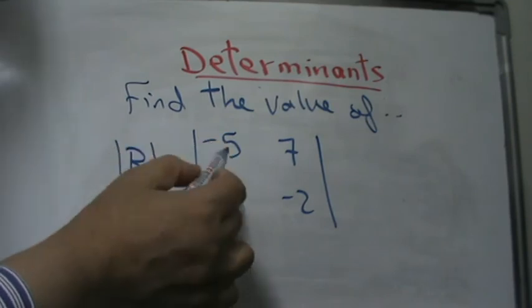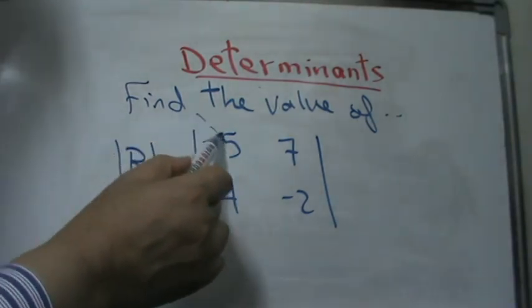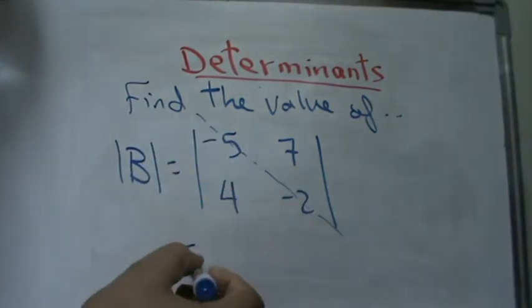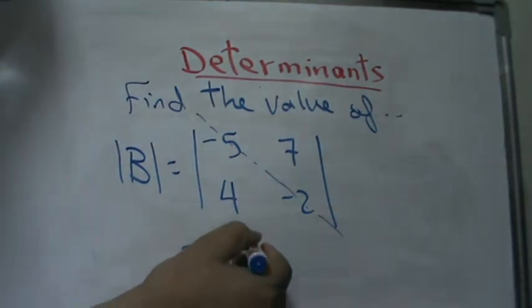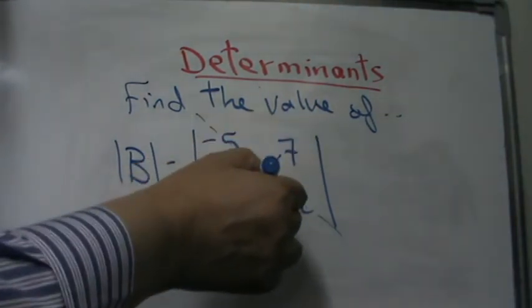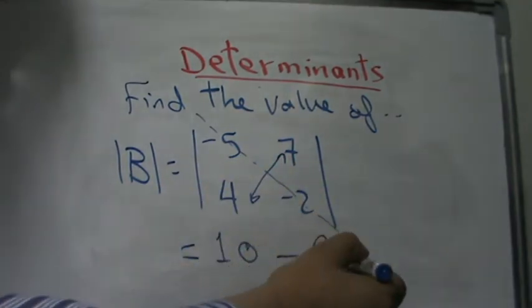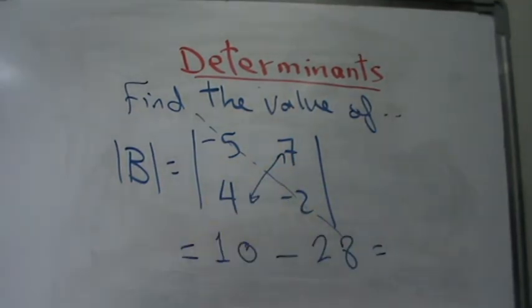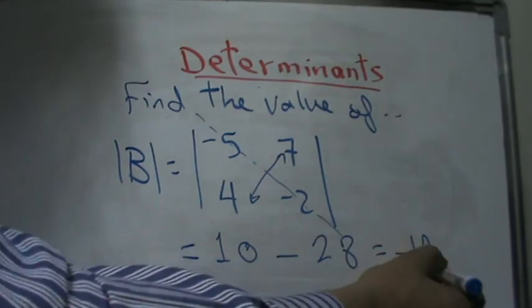Then the main diagonal or the principal diagonal is negative 5 times negative 2. It will be positive 10. Minus 7 times 4, it will be 28. Then 10 minus 28 is negative 18.